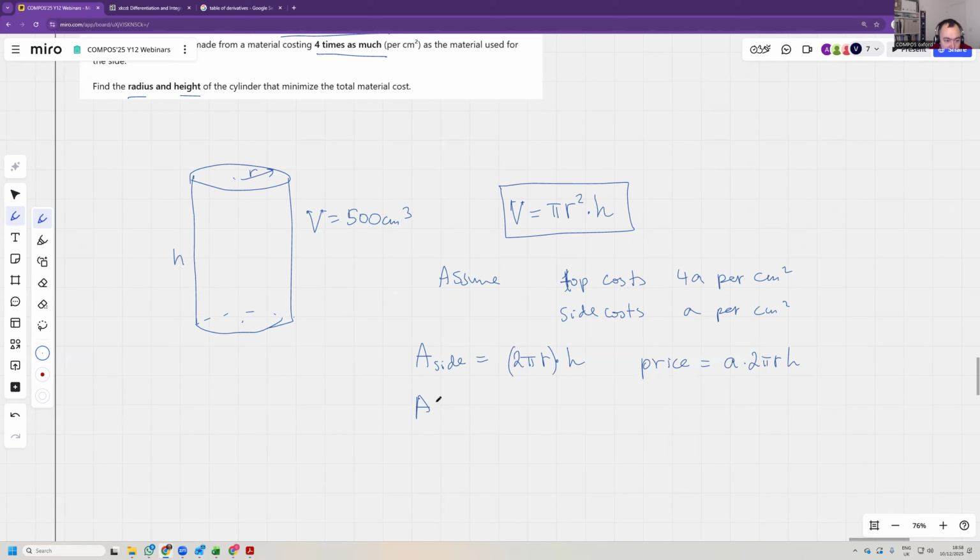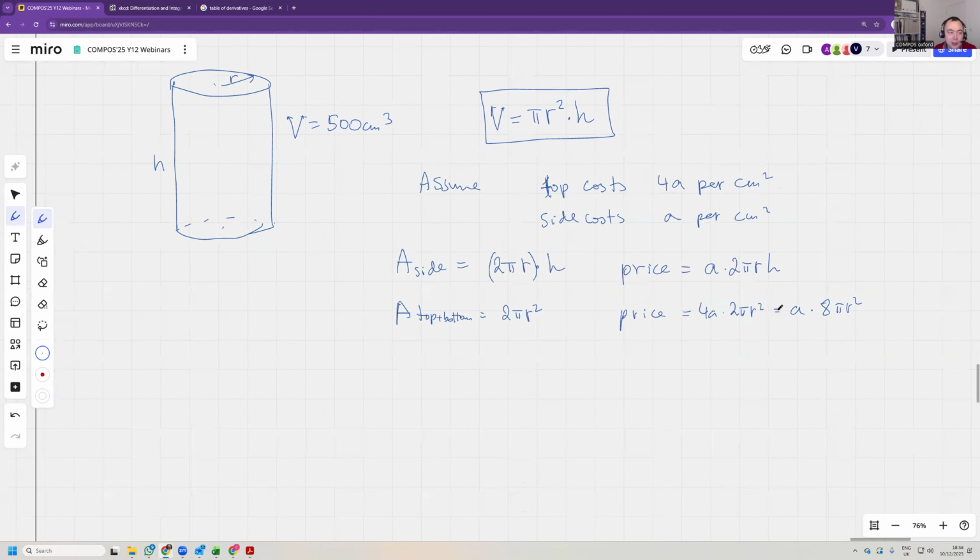The area of the top plus bottom is 2 pi r squared, and the price is 4a multiplied by 2 pi r squared, which is a multiplied by 8 pi r squared. So the total price of the material for the can is a multiplied by 2 pi r h plus a multiplied by 8 pi r squared.